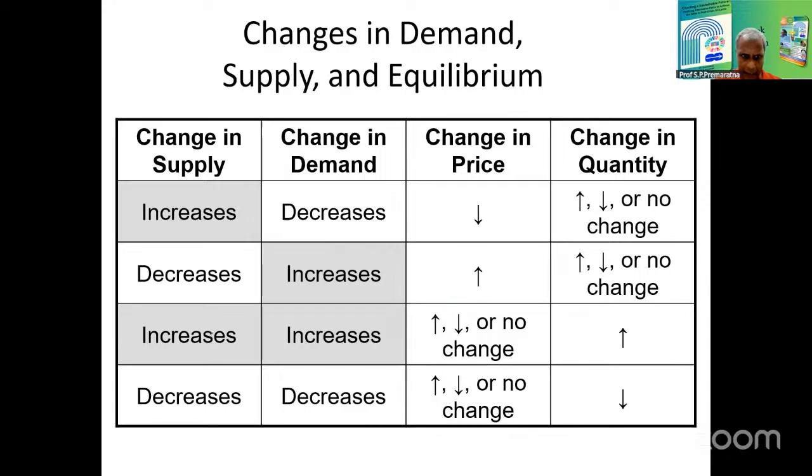This table has, let's say, 4 cases: 1, 2, 3, 4. Each case has a different thing happening. Now, the first one: increased supply, which means the supply curve shifts right, and decreased demand, which means the original demand curve shifts this way. Now, when the ultimate equilibrium price and quantity happen like this, always these things happen: the equilibrium price reduces, but the quantity may increase, may decrease, or may stay the same.